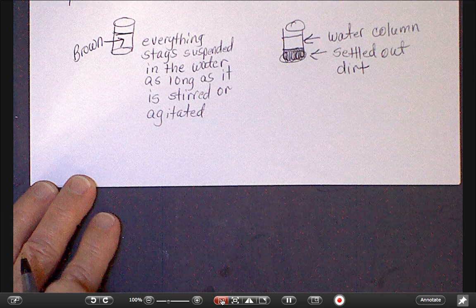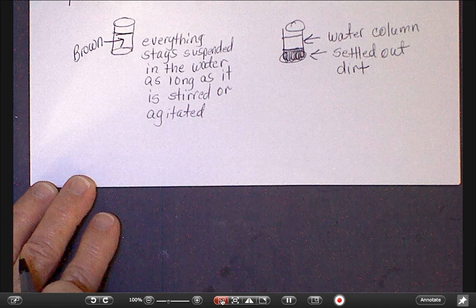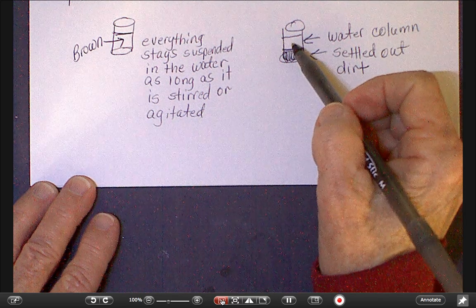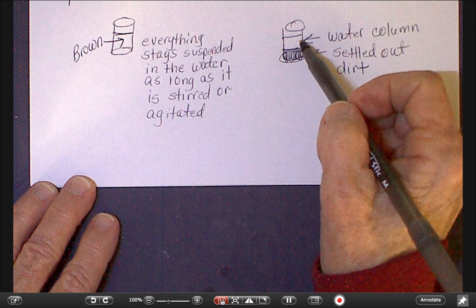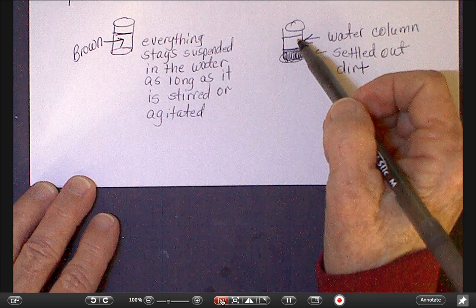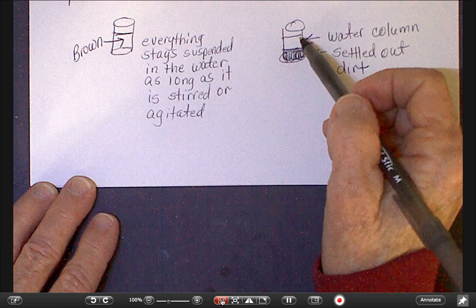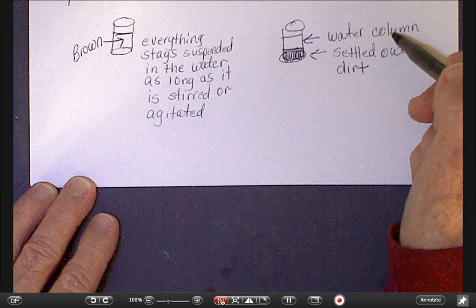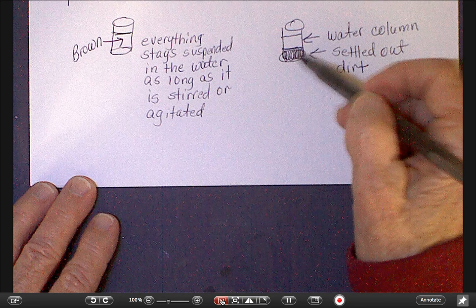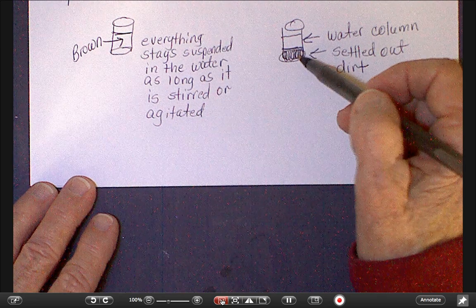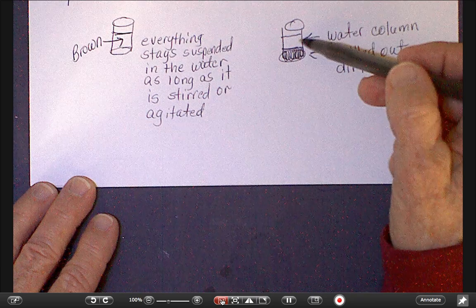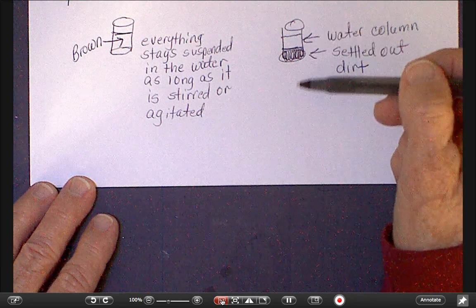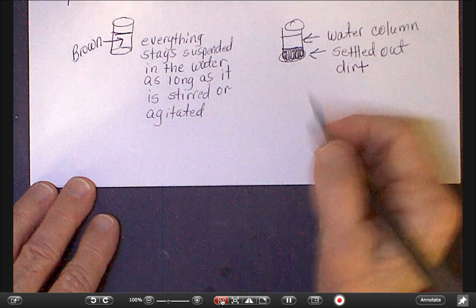Now usually this water column will still be brown because it's going to have a lot of smaller particles that are going to stay suspended in the column, because they're much finer particles, all right? But the heavier particles that gravity pulls down are right here. And a lot of times it takes more time for the very smaller particles to settle without being agitated.